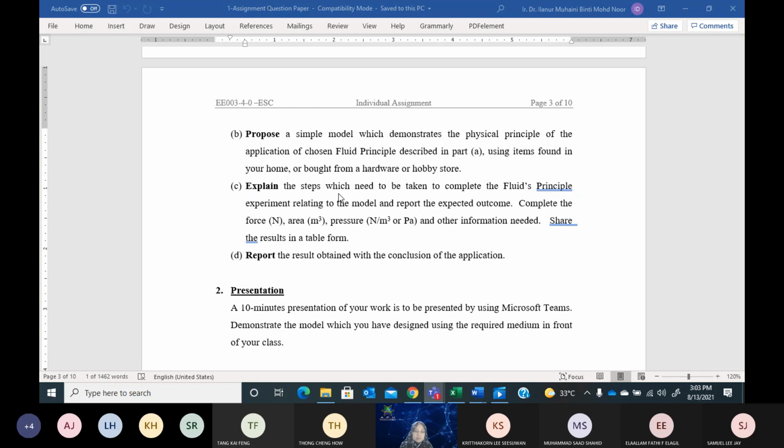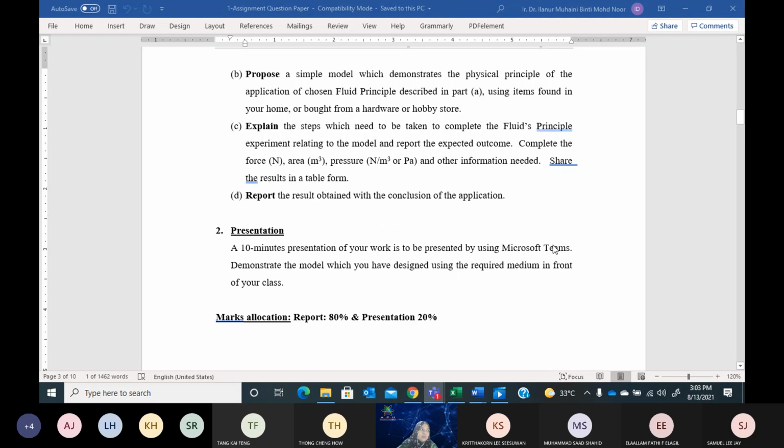So for example, there were 5 items to be prepared in doing this experiment. Then what are the items? After that you explain all the steps. For example, the pipe was opened to show the flowing of the liquid. Simple.